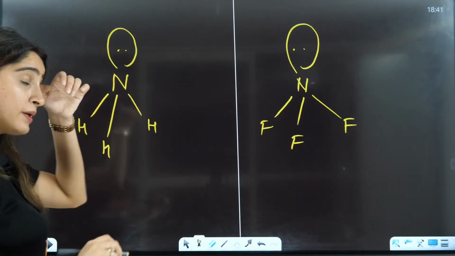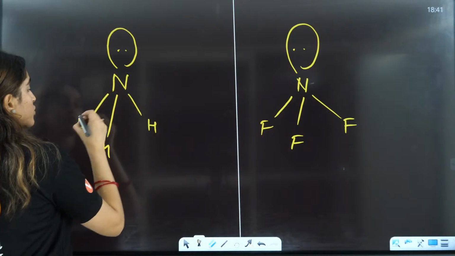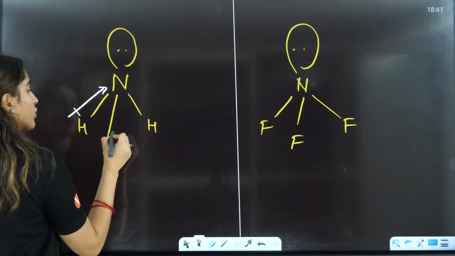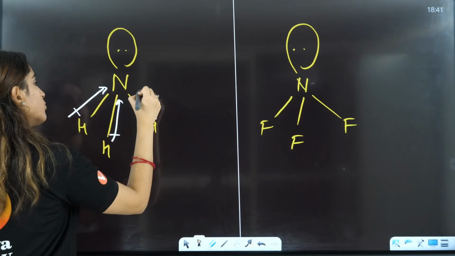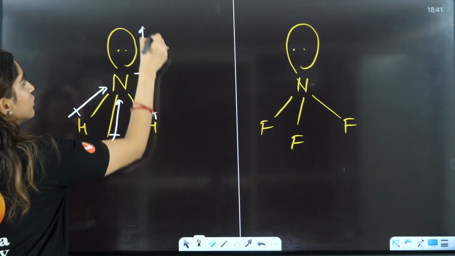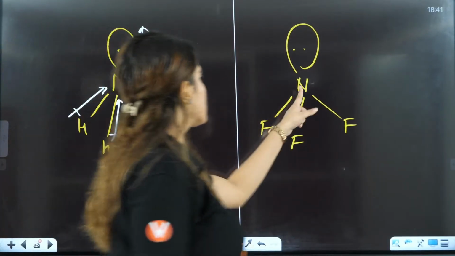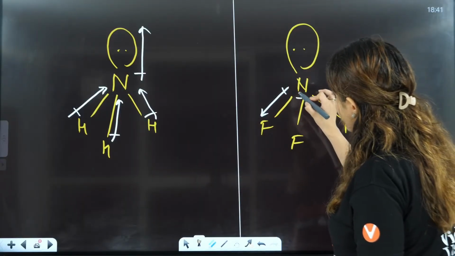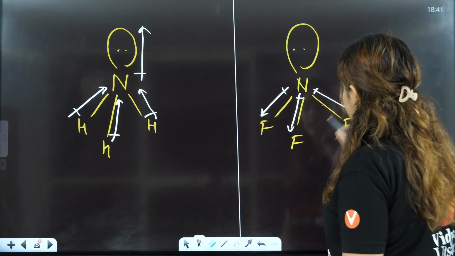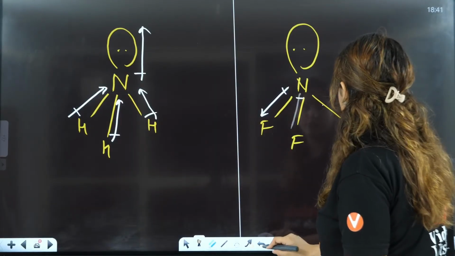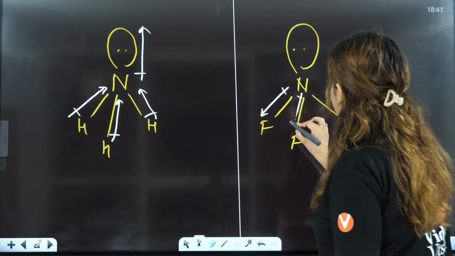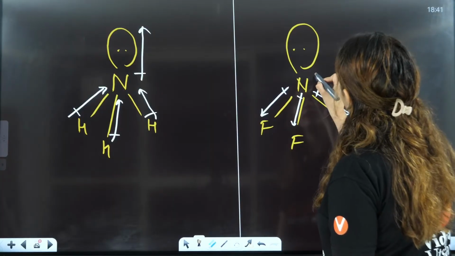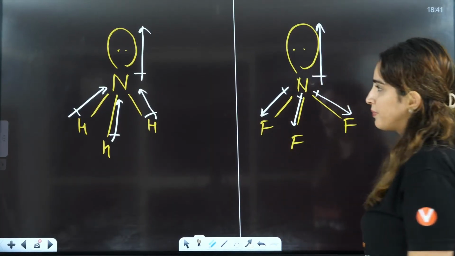Now it is less electronegative to more. So this is less to more, less to more, less to more, and this is atom to lone pair. This is less to more because fluorine is more electronegative, less to more, atom to lone pair.